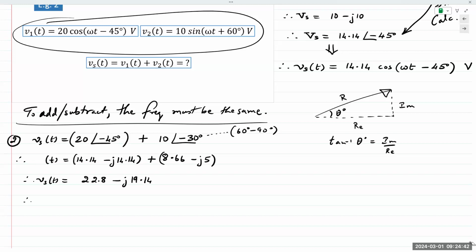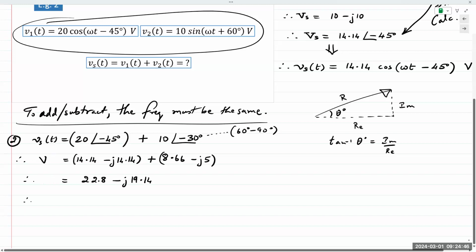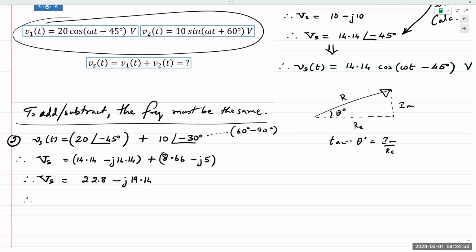Oh, this should be phasor for Vs, not Vs of t. Phasor for Vs, and then phasor for Vs is 29.77 magnitude with a phase angle of minus 40.0125.